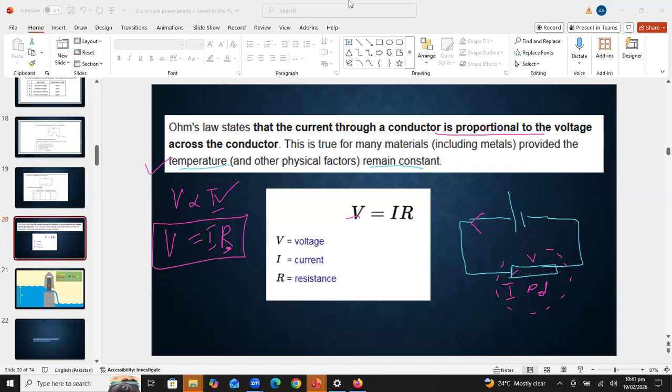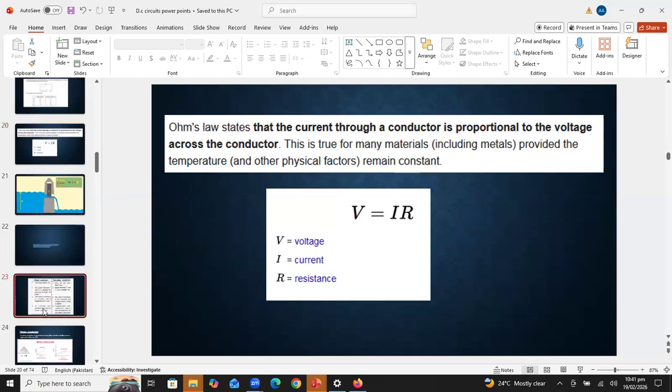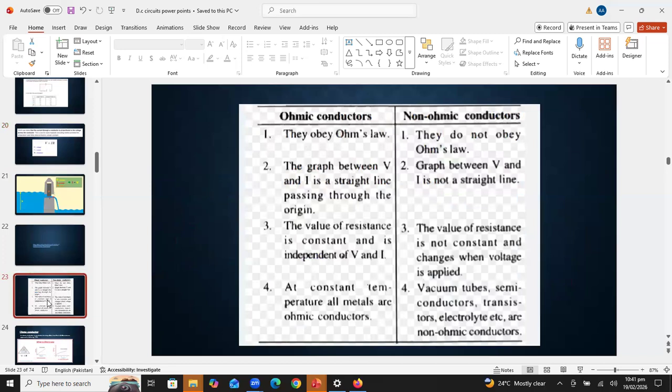This is a very famous equation which we will use to solve different numericals. Alright, V is equals to IR. V is potential difference, I is current, and R is fixed resistance. Alright, which value will remain constant. Okay. Acha, now students, there is a term that is called ohmic conductor. What are ohmic conductors?